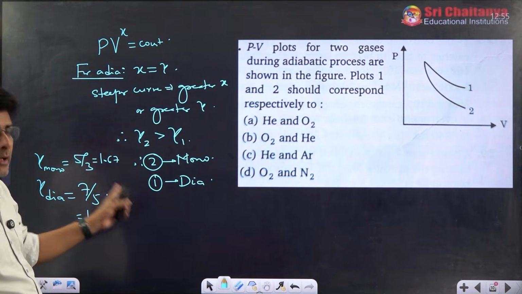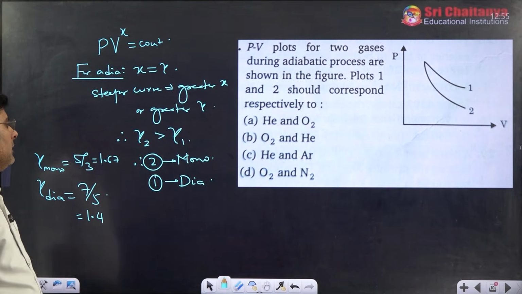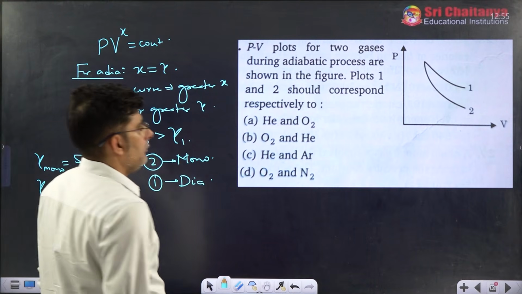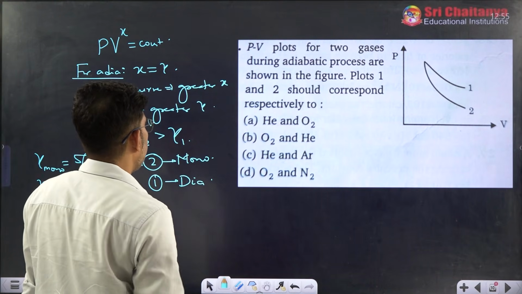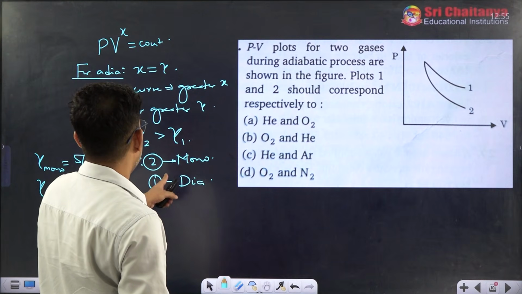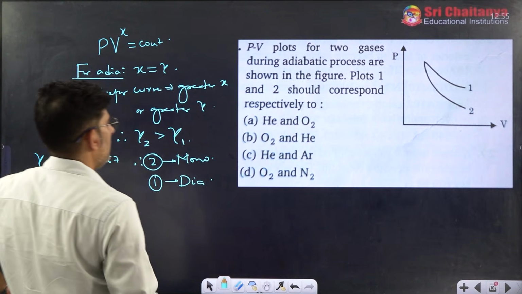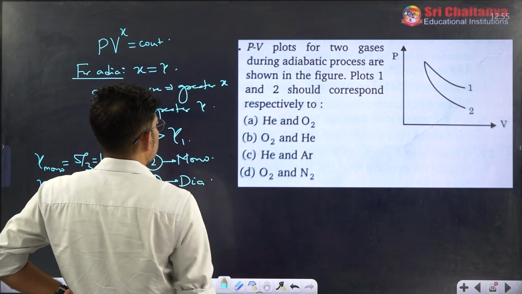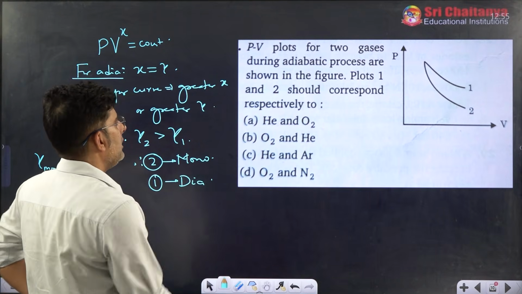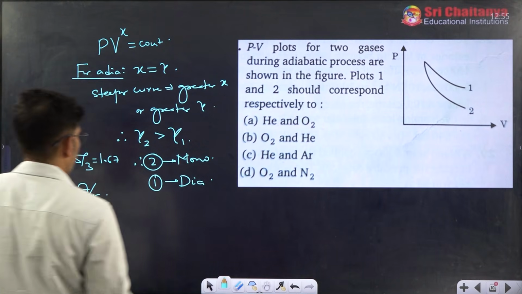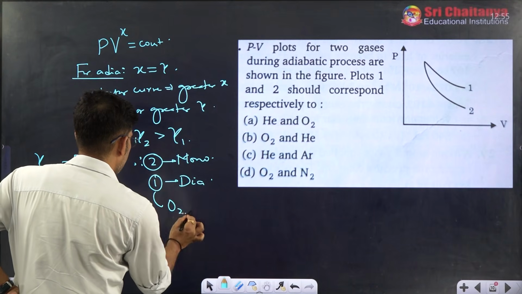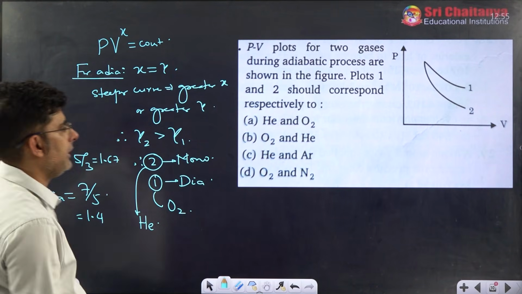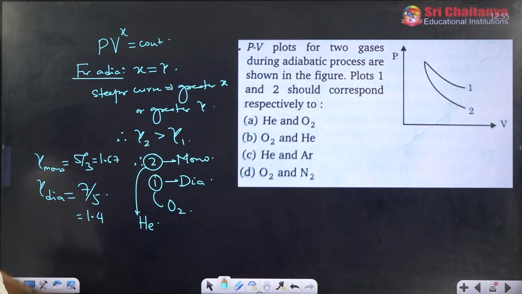Both cannot be diatomic, one has to be mono, one has to be di. So 1 will be diatomic and 2 will be monoatomic. So 1 and 2, you can see oxygen and helium. Which one is satisfying? B option. So 1 will be oxygen and 2 will be helium. According to that, we can select the option. I hope it is clear.